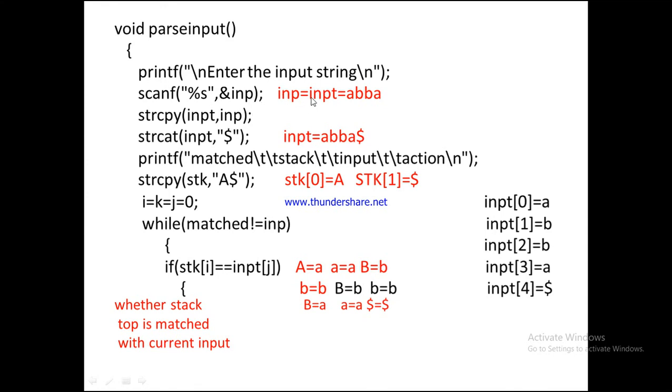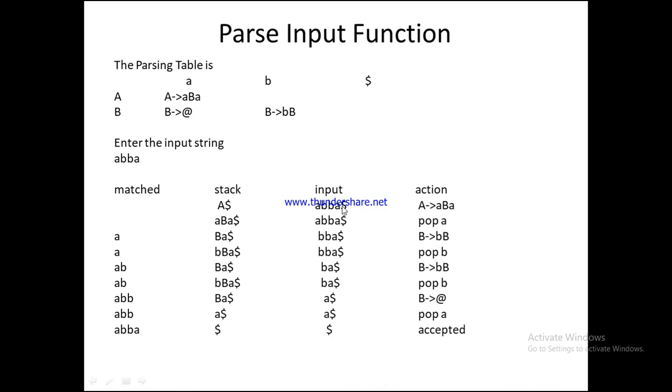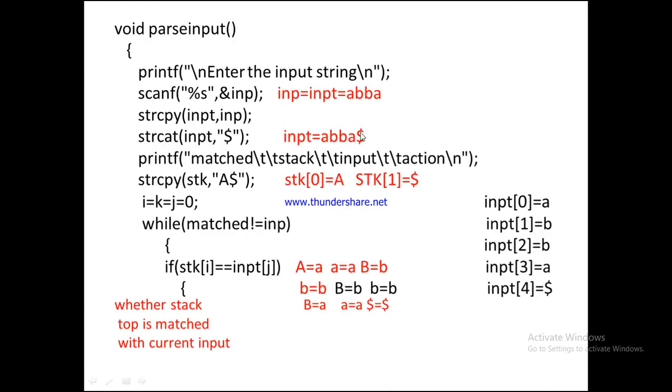I am copying the same thing into INPT, and for INPT I am adding the dollar at the end. All of you know that at the end we should have a dollar, no? So that is what I am adding for INPT. I am not adding it for INP, but for INPT I am adding the dollar at the end of the given string.